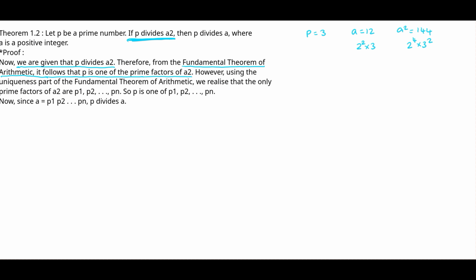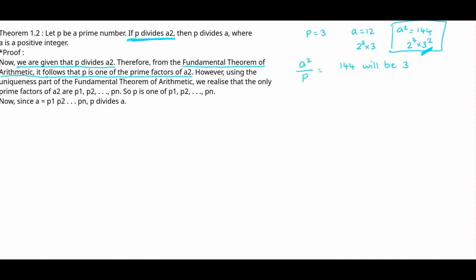If p is dividing a square, then by the fundamental theorem of arithmetic, one of the prime factors of 144 will be 3. That is the meaning of this. So if you check the factors of 144, they are 2 to the power 4 and 3 square. So you have 3 here. So one of the factors of 144 will be p, which is 3.